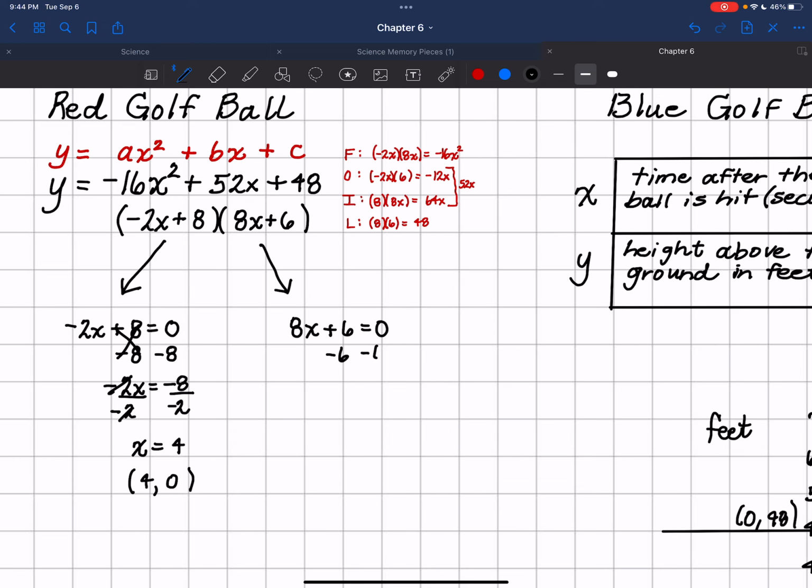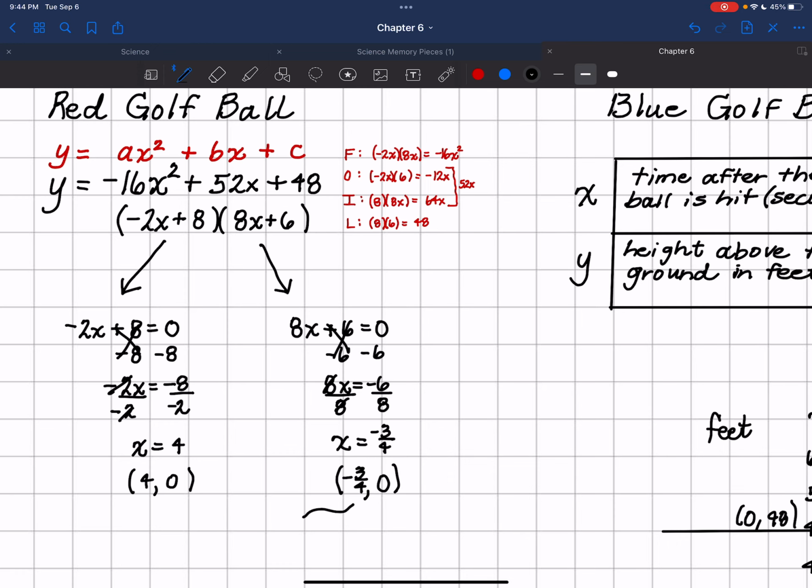Let's move the 6. So I end up with 8x equals negative 6. Divide by 8. And so x is negative 3/4, or negative 0.75. So this point would be negative 3/4 and 0.